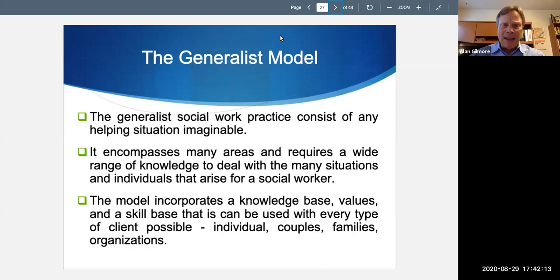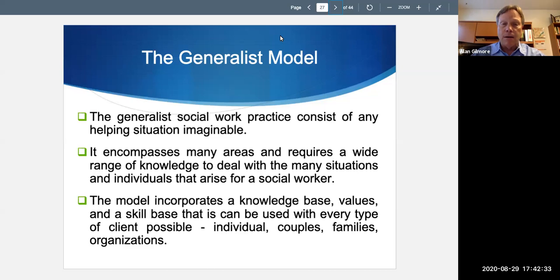So again, it goes back to that concept that I've talked about more than once, the concept of the toolbox and being able to assess and understand what the tools are that you're going to need to utilize in any particular situation. And the model incorporates a knowledge base.